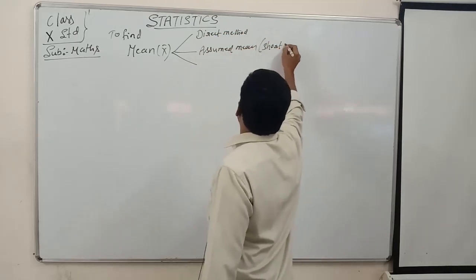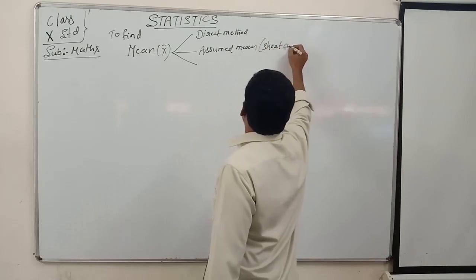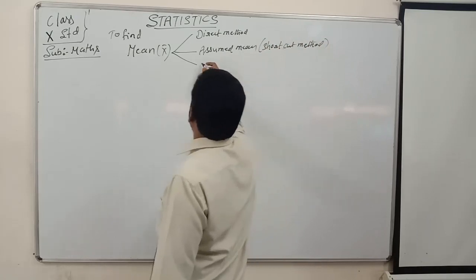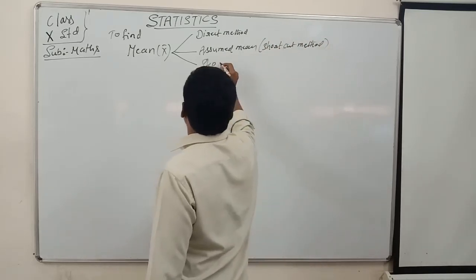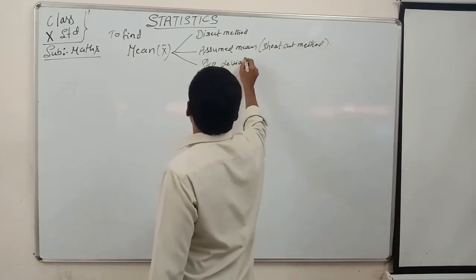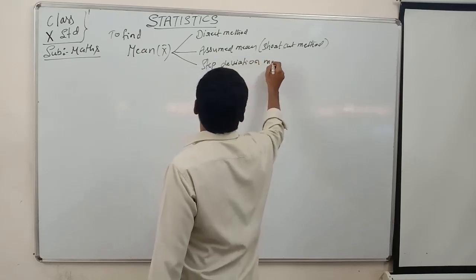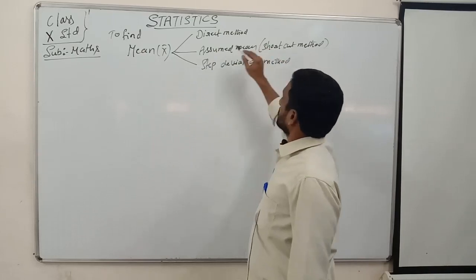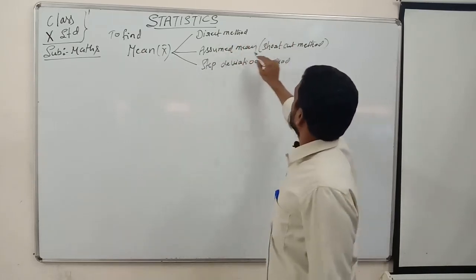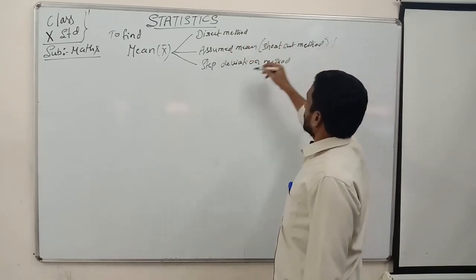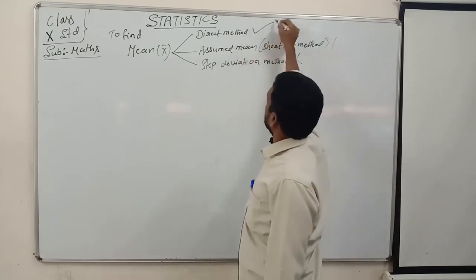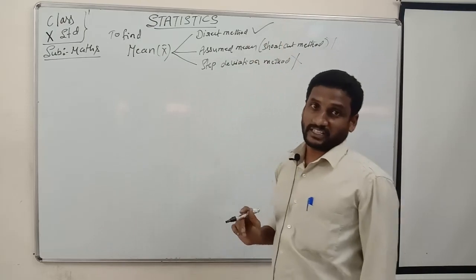Again, the last method is the step deviation method. But this year, these two methods are not there. Assumed mean method not there, step deviation method not there. Only we have to calculate by the direct method.